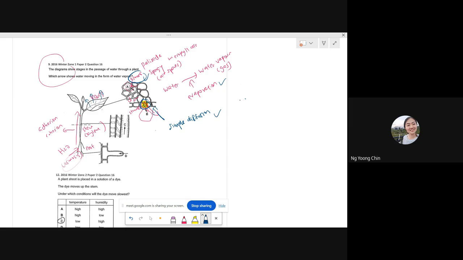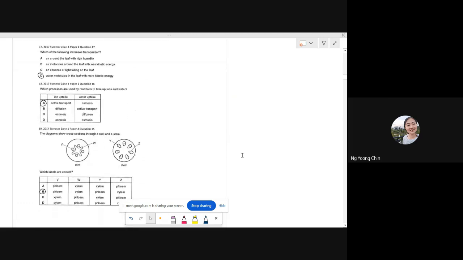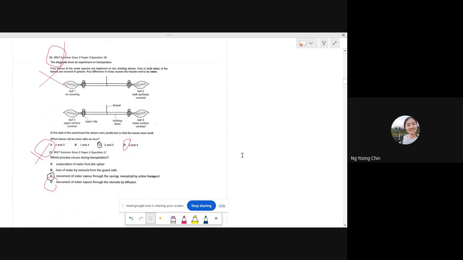This is known as transpiration. So transpiration means the loss of water in the form of water vapor from the surface of the leaf by evaporation. Okay? So you have to be clear about the definition.